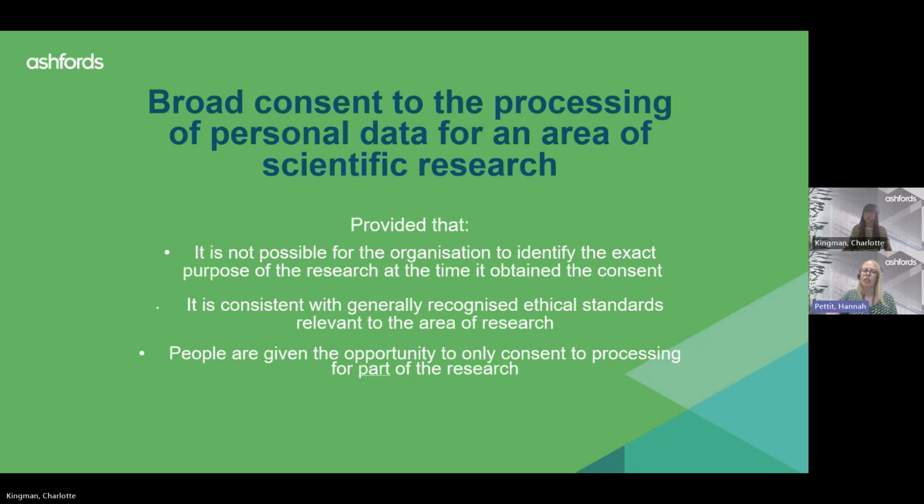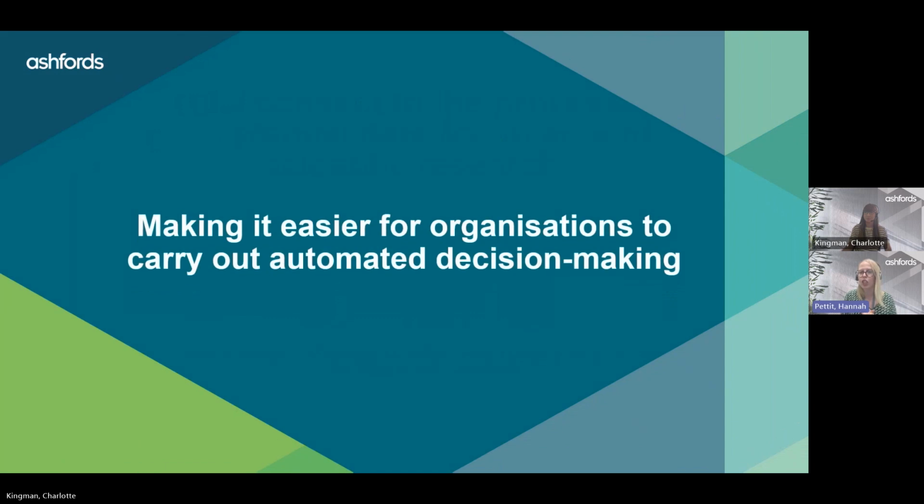And the final change to UK data protection law I wanted to touch upon are the changes to automated decision making. Now, these are particularly relevant for AI technologies, which, if used for decision making, absolutely constitute automated decision making under data protection law. So previously, automated decision making could only take place in specific circumstances.